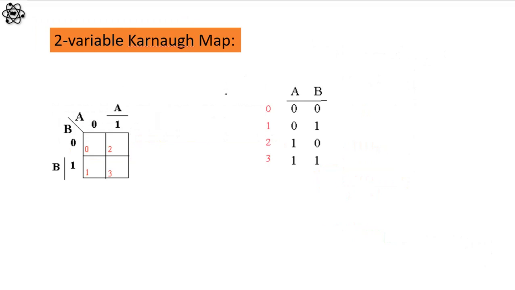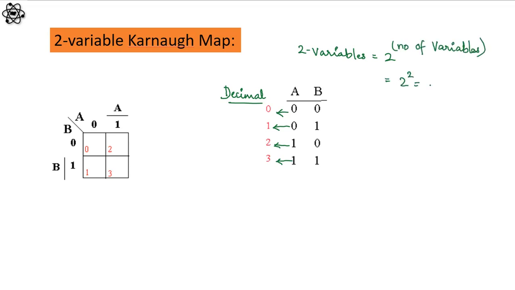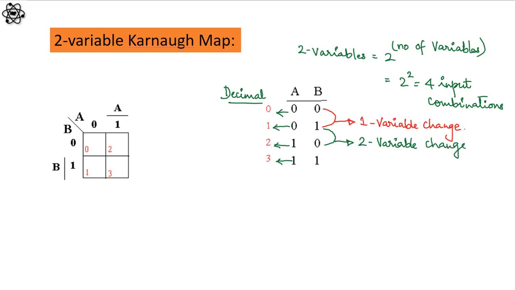Next is the two variable Karnaugh map. Here we have two variables, which is 2 to the power 2, that is 4 combinations of inputs. If I consider the variables as A and B, then I have the combinations 0 0, 0 1, 1 0, 1 1. Between 0 0 and 0 1 I have a one variable change, whereas between 0 1 and 1 0 there is a two variable change, and between 1 0 and 1 1 there is a one variable change.